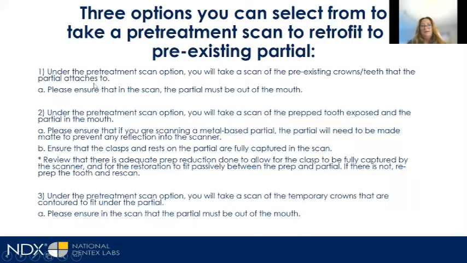And Bannister will go through the different options for how to retrofit your partials. You're going to want to scan first for a pre-op scan with the partial out of the mouth, scan, prep the tooth, put the partial back in, pre-scan that, and then you can go ahead and scan your prep teeth.